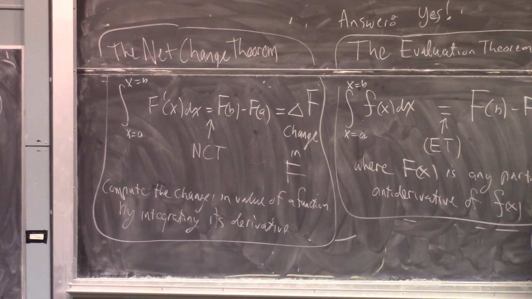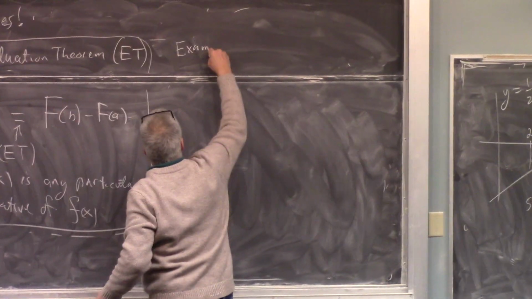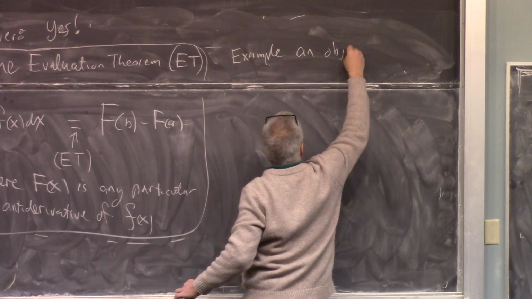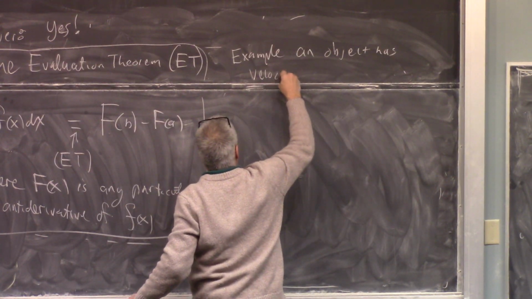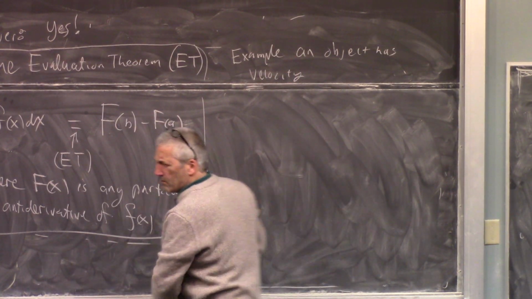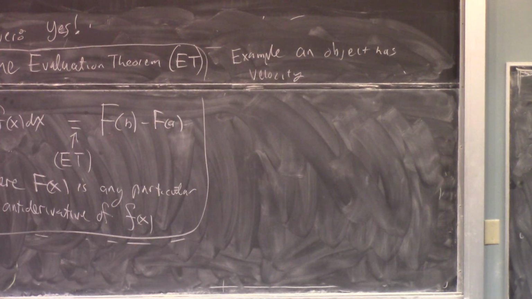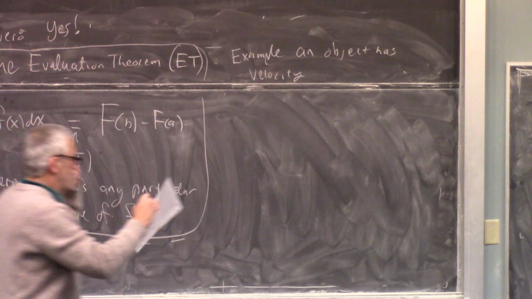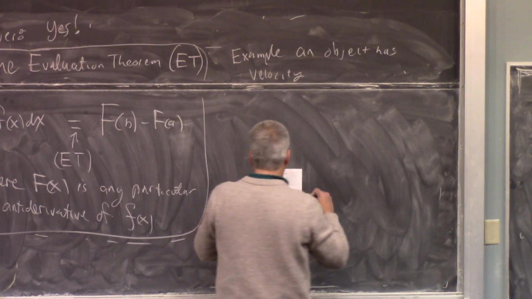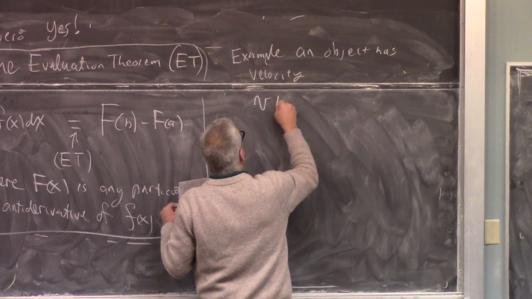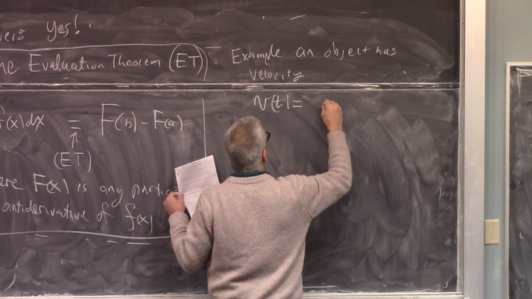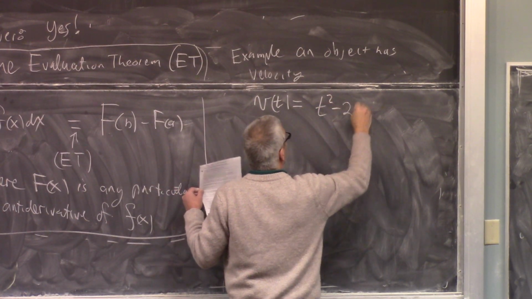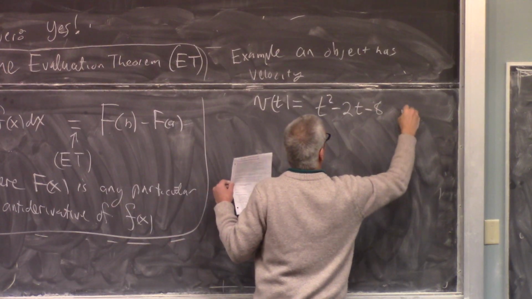So for example, an object has velocity v of t equals t squared minus 2t minus 8 meters per second.